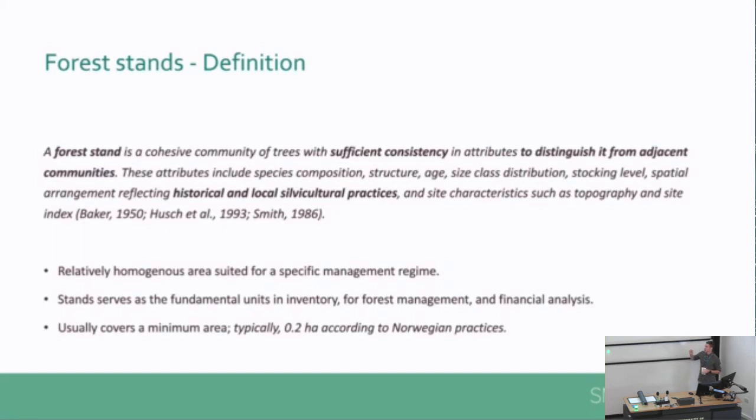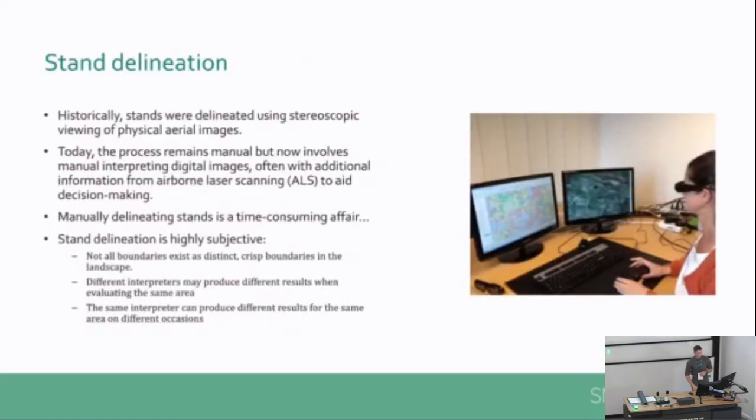And there are certain criteria, like a certain minimum size, as I said. Historically, this has been done by looking at physical images and drawing lines, and then it has improved slightly. So this is the current situation: you maybe have some existing maps, not always, and you have special glasses so you can see the image in 3D and get a sense of depth.